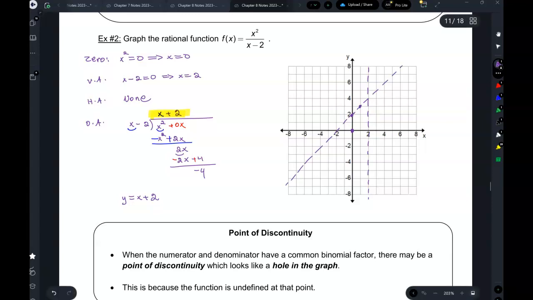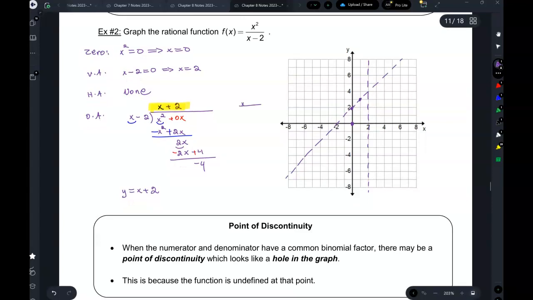Let's plug in a point here. I'm going to be a rebel and start on the right side this time. Let's plug in a 3. When I plug in a 3, I get 9 over 1, so that's just 9. So at x equals 3, y is 9. Okay? So take a look. I'm going to extend this a little bit. This has to follow that and then come down and follow this.